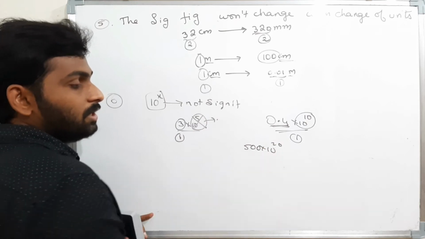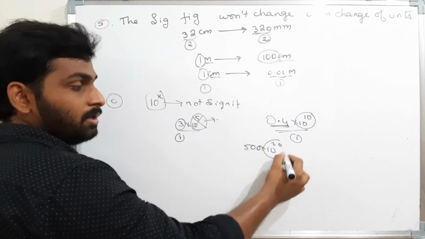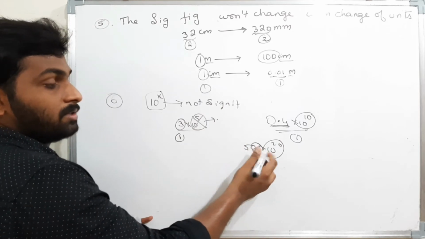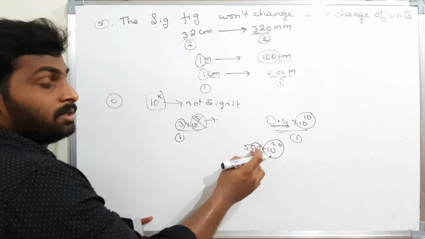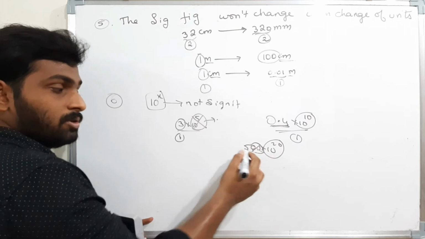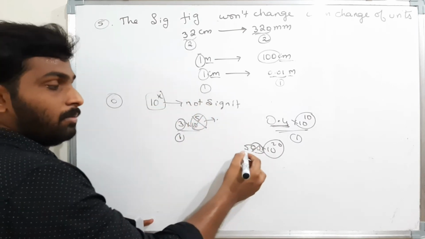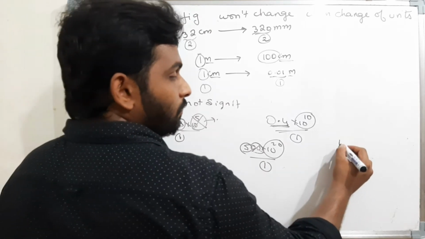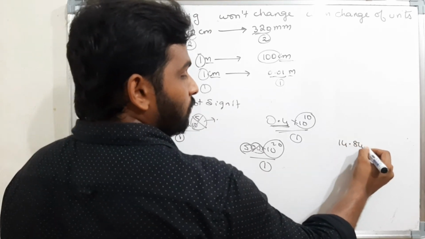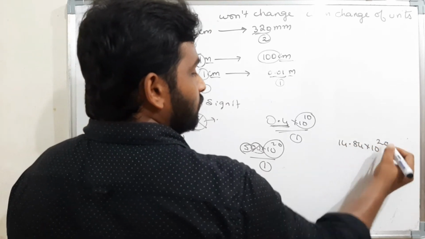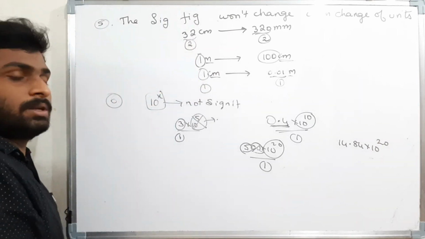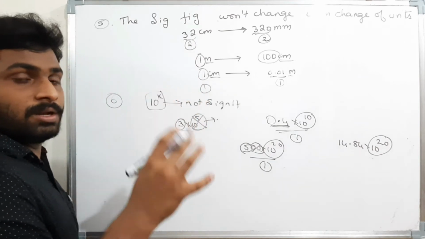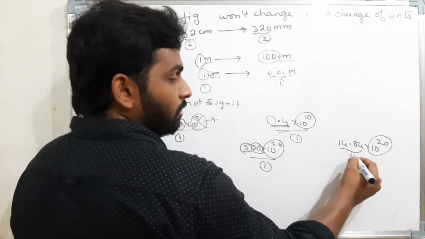How many significant figures are there? 10 power 20 does not have any significant figures. These 2 zeros are on the right side and there is no decimal point, therefore these 2 zeros are also not significant. Therefore the number of significant figures is 1. Now 14.84 into 10 power 20. How many significant figures? 10 power 20 is not a significant figure; you should not consider it. How many? Only 4.